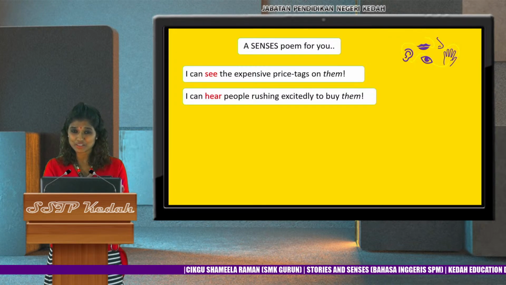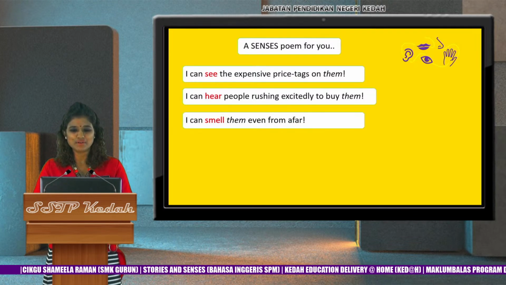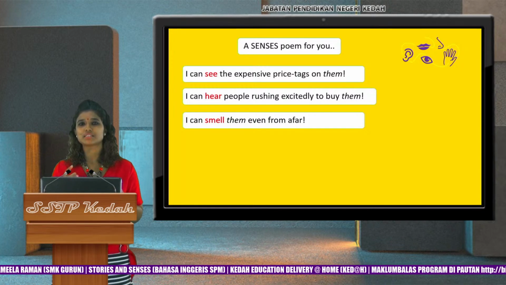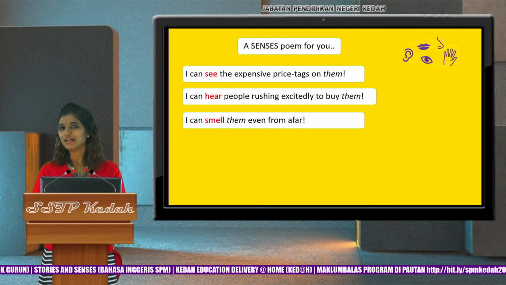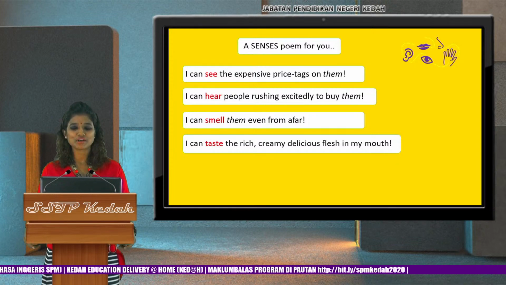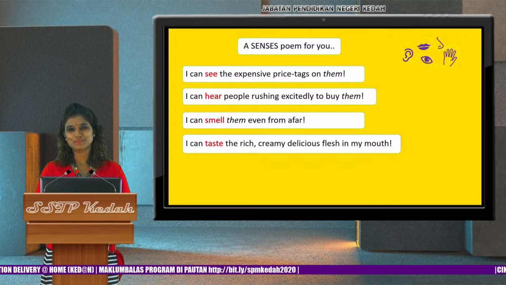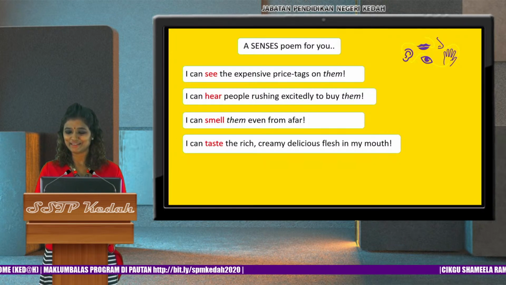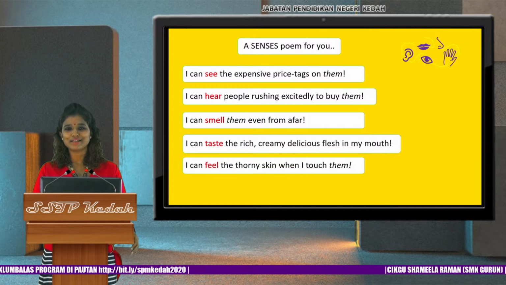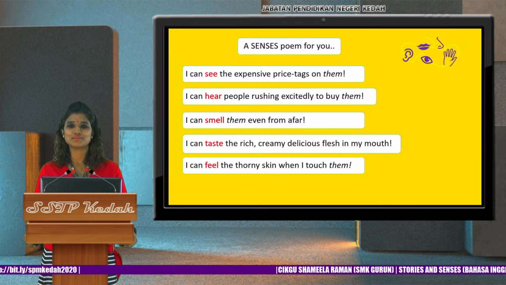Something expensive, but people still rush to buy them. I can smell them even from afar. The smell, it's there before you can see them, yeah? I can taste the rich, creamy, delicious flesh in my mouth. Okay, maybe some of you can leave your comments. And the last line, I can feel the thorny skin when I touch them.